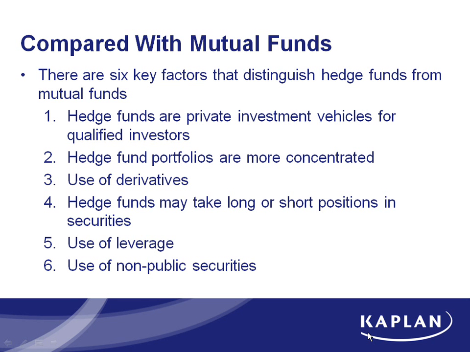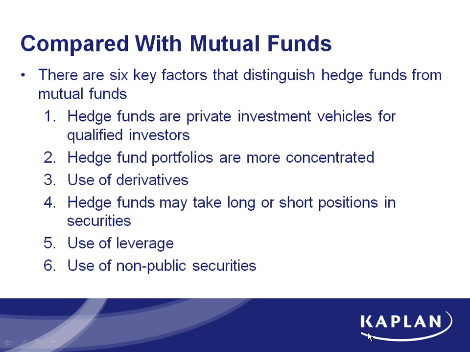The third is the use of derivatives. Again, I'm using mutual funds to start first. I think there are very tough regulations to regulate the usage of derivatives. In Hong Kong, the usage is mainly to hedge the portfolio. But in hedge fund, many hedge fund managers use derivatives to take positions, to hedge positions, or to generate some additional income.